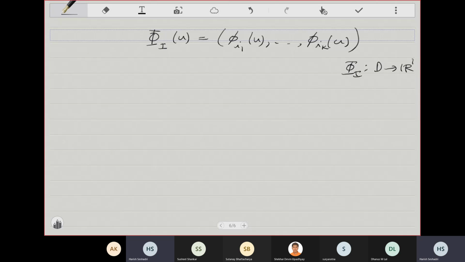So let A be phi I prime with entries alpha pq.